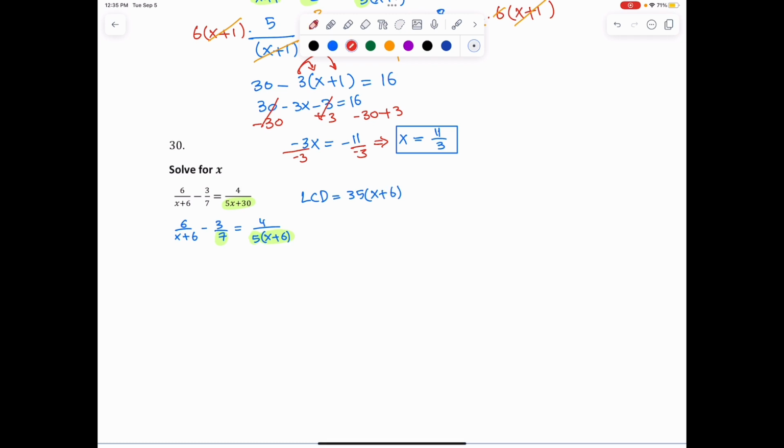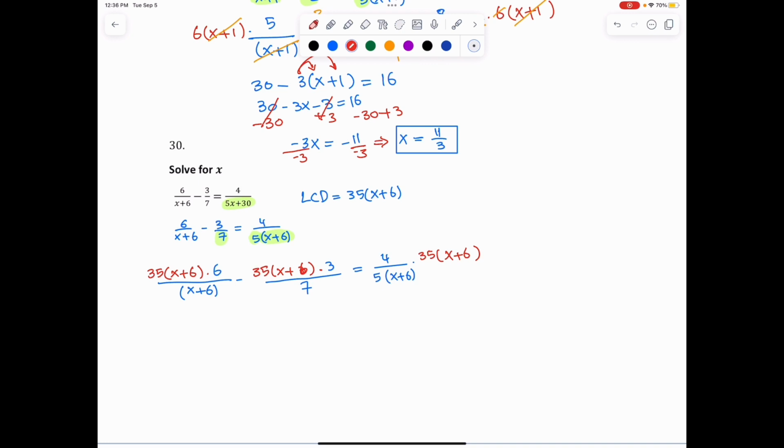So we're going to multiply the least common denominator. 35 times x plus 6 times 6 divided by x plus 6 minus 35 times x plus 6 times 3 over 7 equals 4 over 5 times x plus 6 times the least common denominator, 35 times x plus 6.